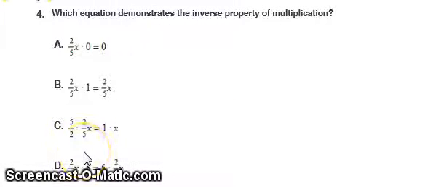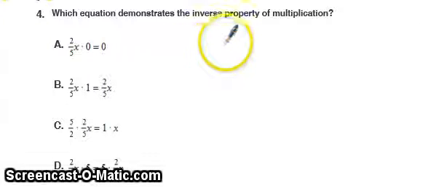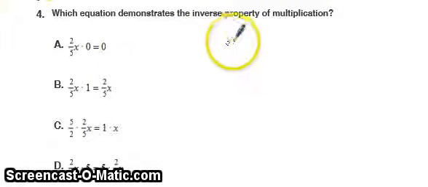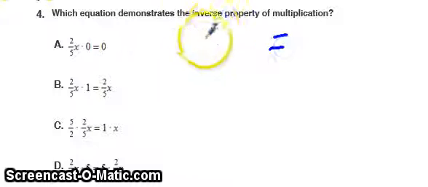Question 4 says, which equation demonstrates the inverse property of multiplication? You may be more familiar with it as the multiplicative inverse, or the reciprocal, or the flip. So what we're looking for is something times its reciprocal gives us a product of 1.